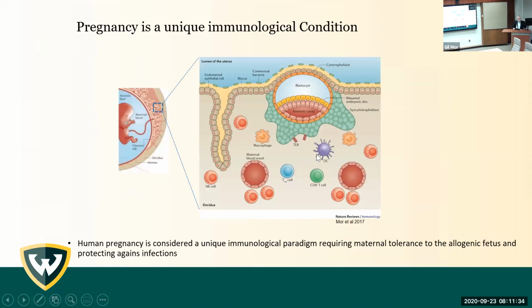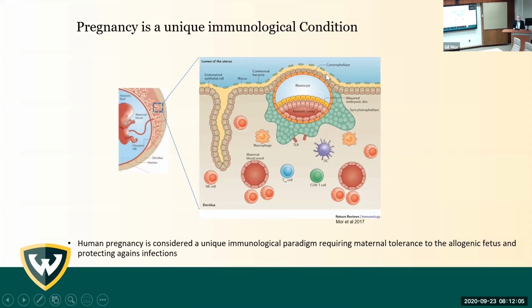And as I mentioned to you before, for many years it was thought that the immunological problem at the implantation site, or at the time of implantation, was due to a rejection of the embryo, the classical Medawar hypothesis that we discussed at the beginning. But now we know that pregnancy is a more complex process.